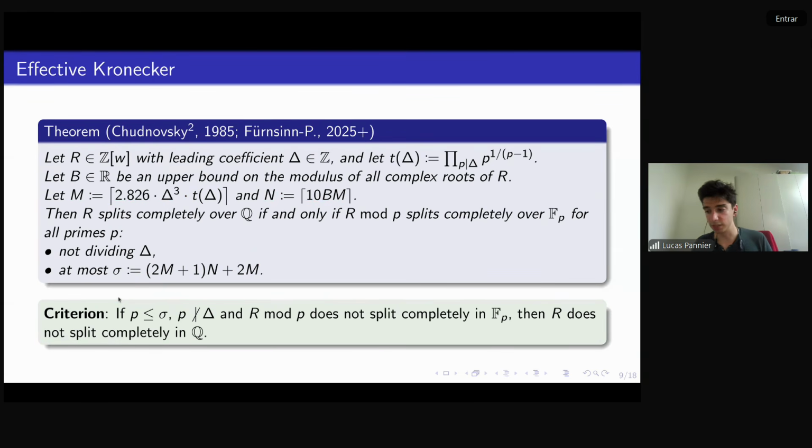And before explaining what a Padé approximant is, let me just state that we have a criterion from this statement, which is actually quite easy to see. That is, if for a single prime p smaller than sigma that does not divide delta, we have that R mod p does not split completely, then we can conclude immediately that R does not split completely in Q.